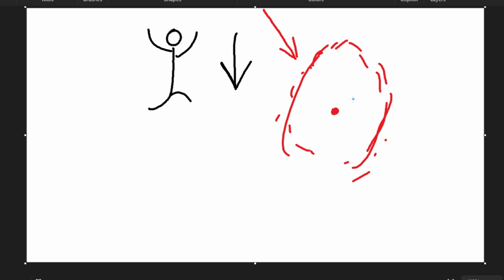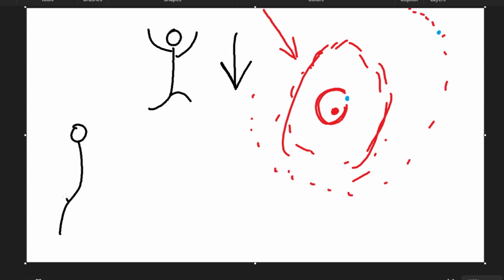If an object is really close to it, it's very much affected. But if an object is far from it, then it is affected, but a lot less. A good example would be if this guy right here, because he hates the entire classroom, decided to just let one loose.